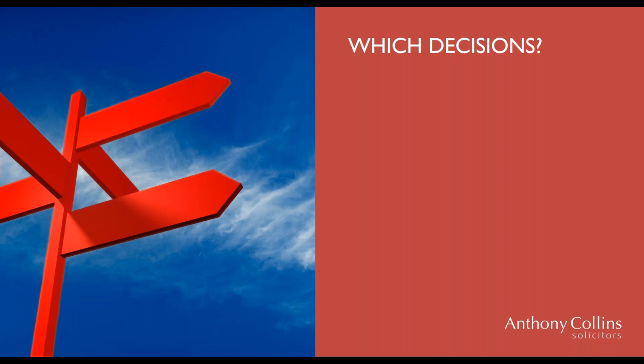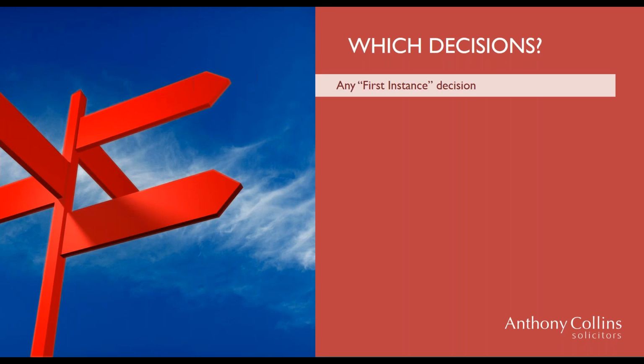So which decisions can be dealt with under the internal dispute resolution procedure? Well, any first instance decision, so that's any initial decision about people's rights or about liabilities, so contributions they might be liable to pay under the scheme.